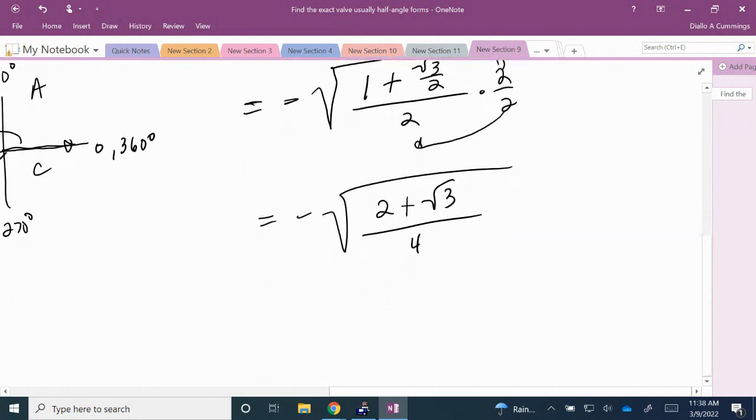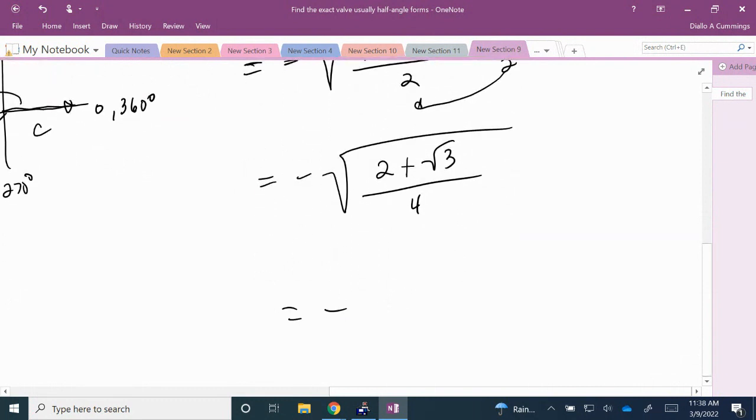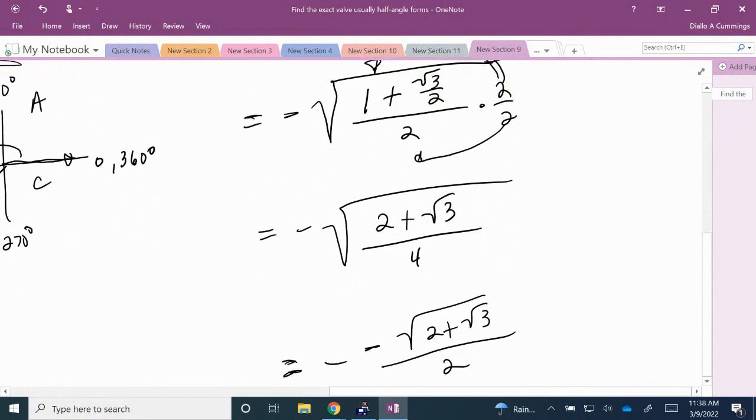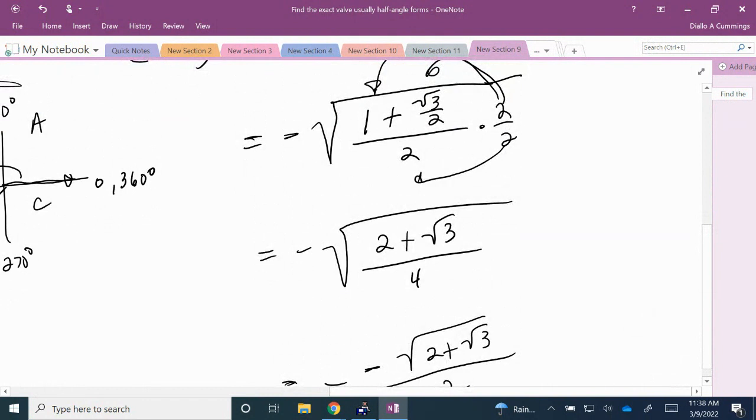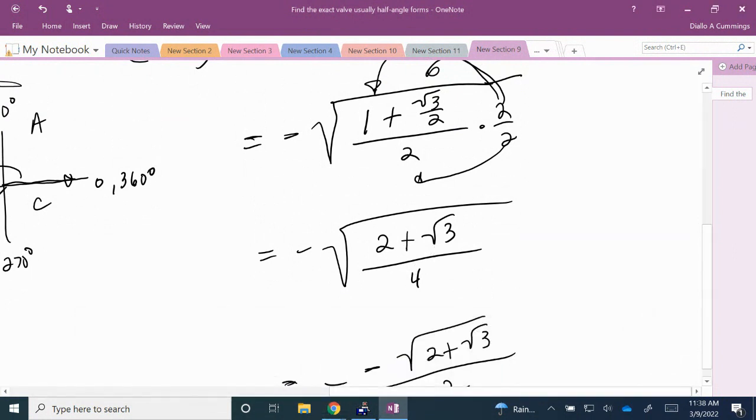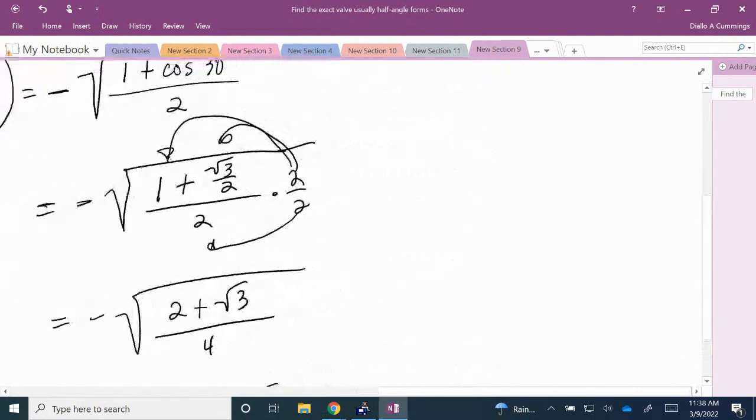Right. Then I believe we used the quotient rule for radicals. So we have negative square root of 2 plus the square root of 3 over 2. Now looking at the homework problems, they worked it out sort of differently.